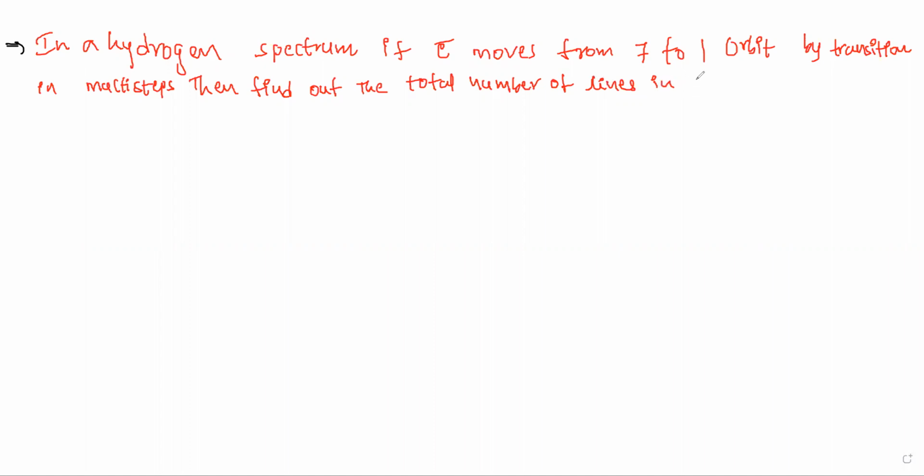Total number of lines in the spectrum. So there we have to find the total number of lines, and we know the formula.